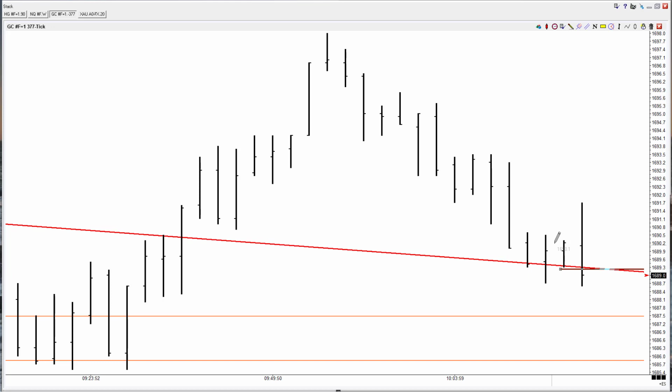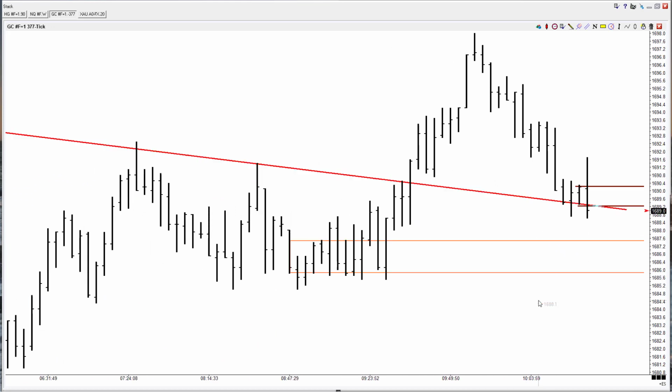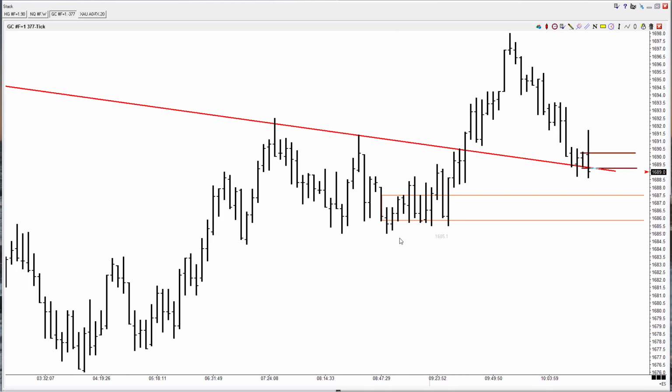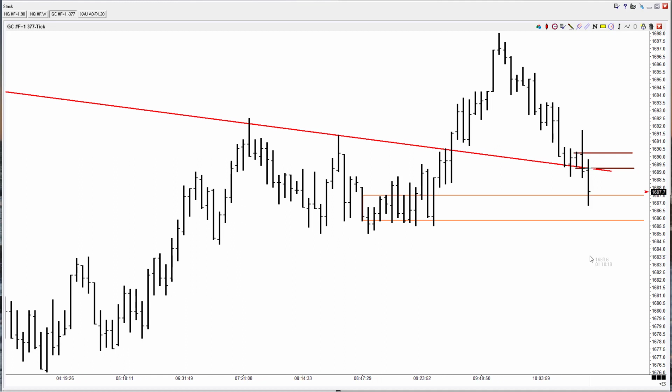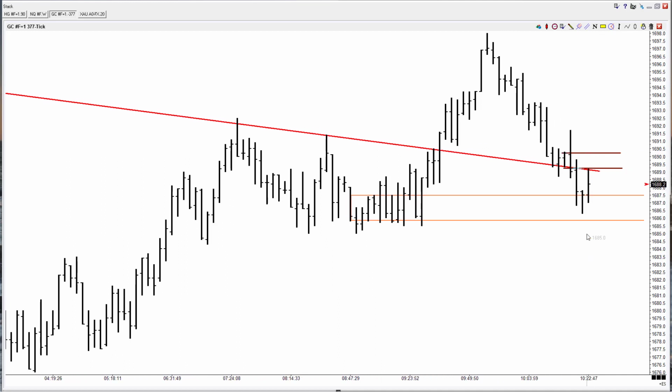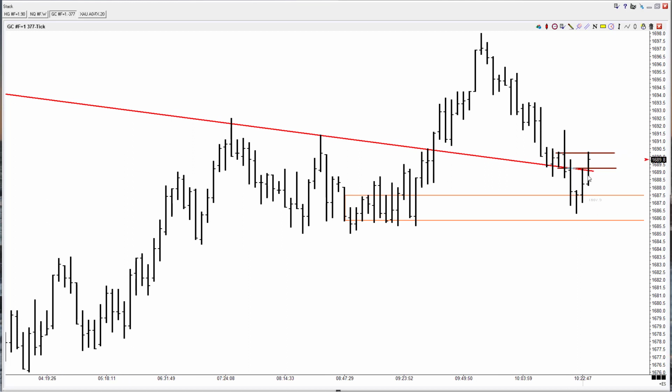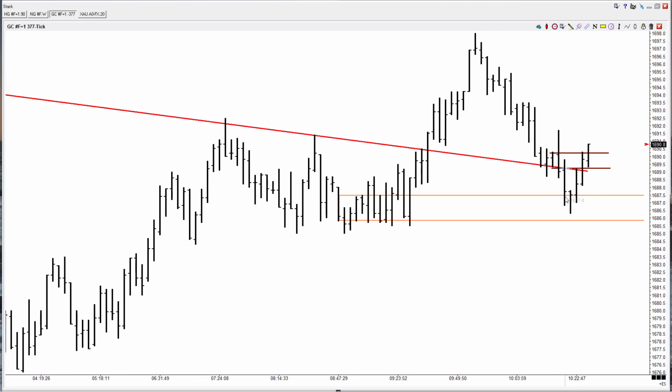Now when I say what happens next, I want to know, can we take out the next swing, the controlling sellers? Yes or no? So we watch. Down, down. Haven't taken them out yet. Retesting. Starting to ease back through.